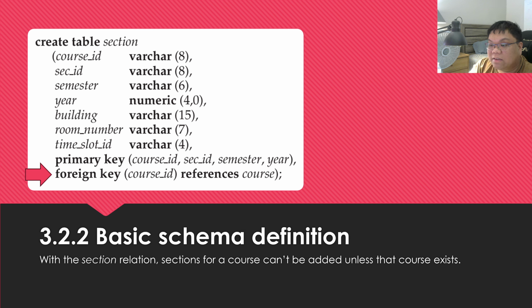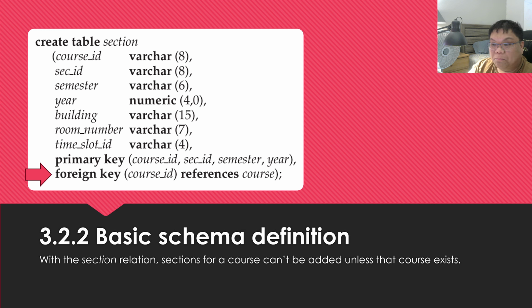So, for example, if you have a section 1 of microtonal music theory and a section 1 of 3D modeling, if we did not have the course ID, we could not tell them apart. So we need that extra attribute, course ID, to tell each one apart. There's also the section ID, semester, and year.